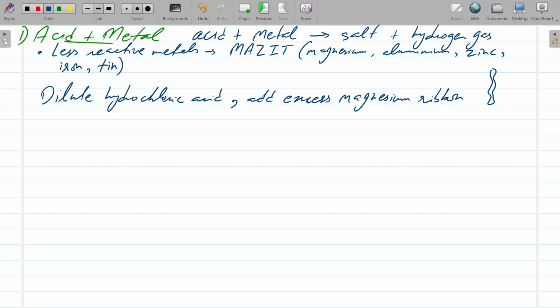And so why we're using excess, we already mentioned that all of the acid reacts. So we want a complete reaction. And so we will have some unreacted magnesium left at the end. In this reaction, you will observe effervescence.